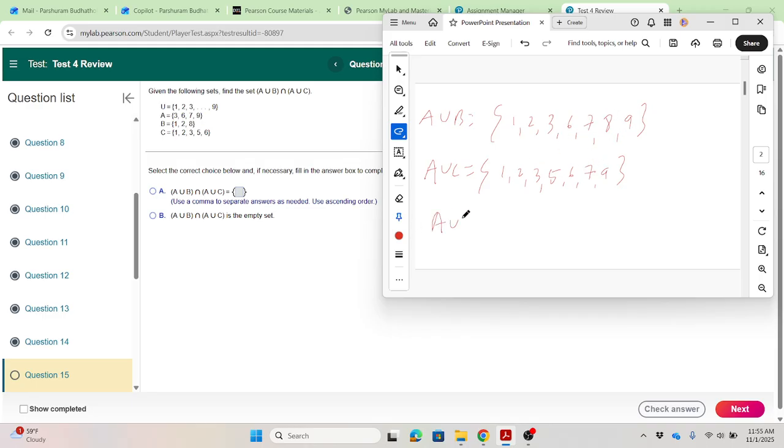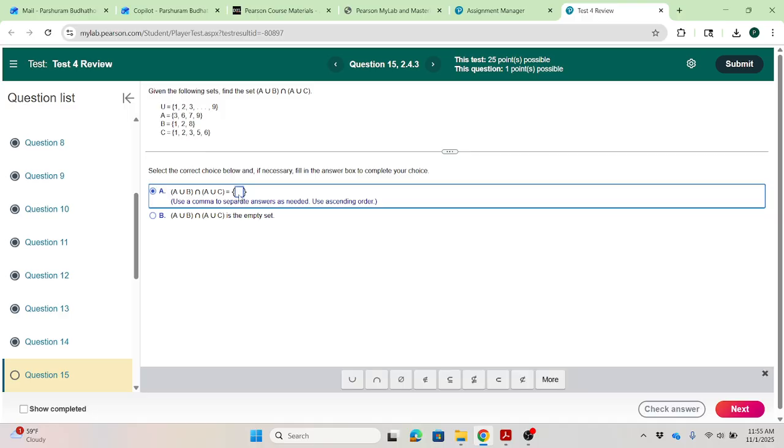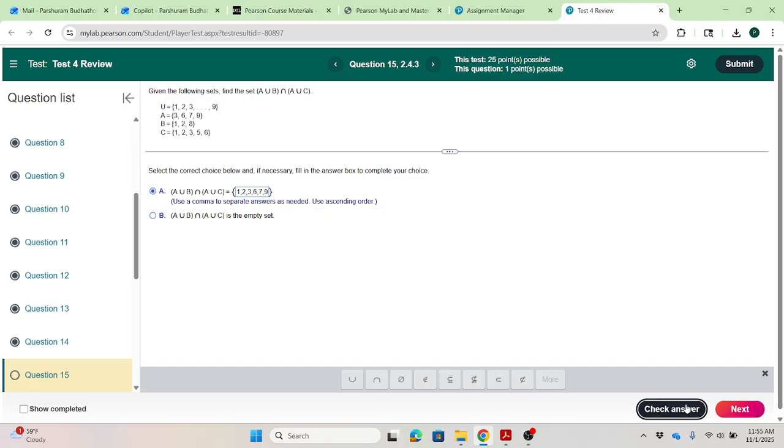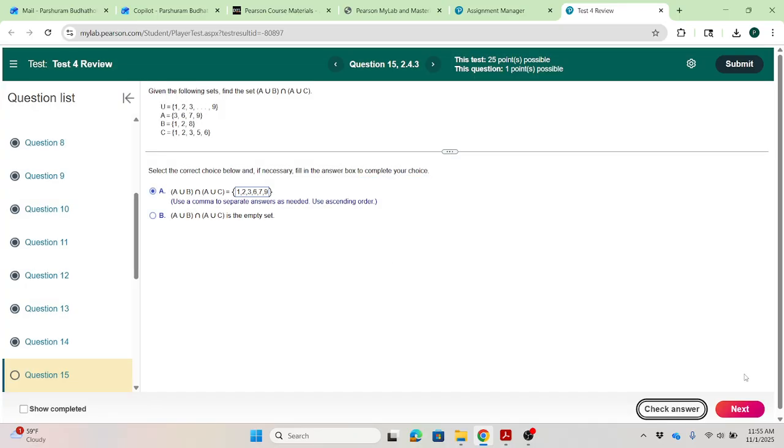So the answer of intersection means common between these two sets, which is 1, 2, 3, 6, 7, and 9. No 5 and no 8. These are uncommon things. So the first one, 1, 2, 3, 6, 7, 9. These are the elements of the intersection.